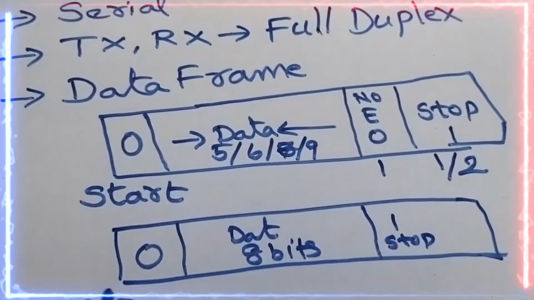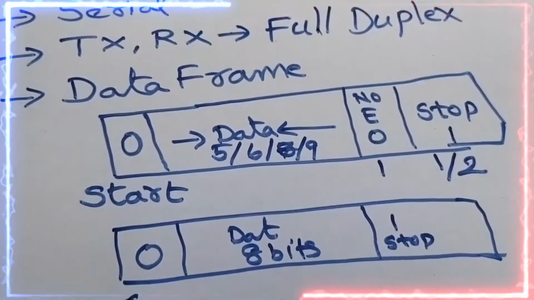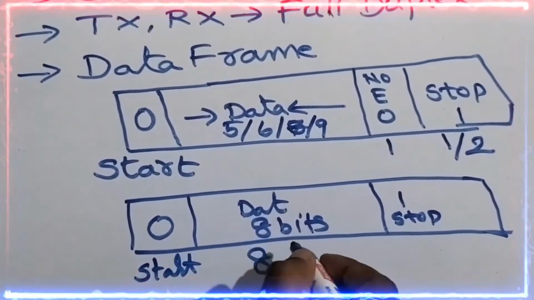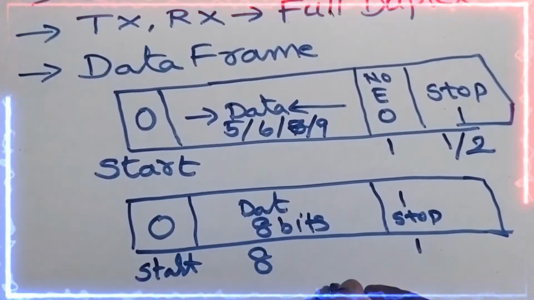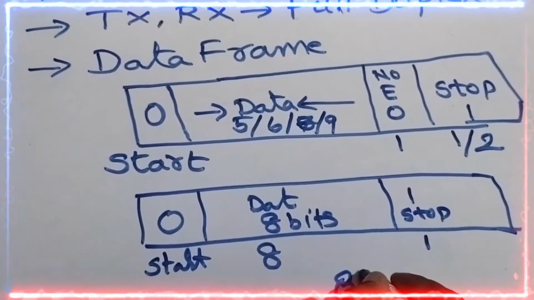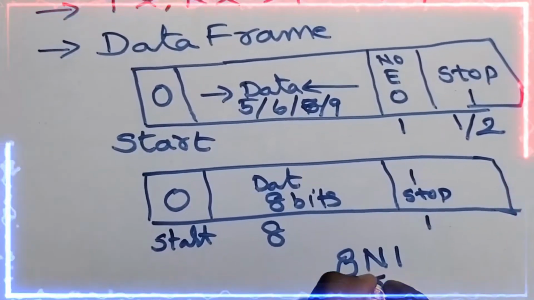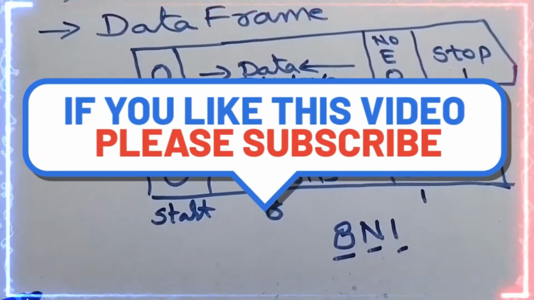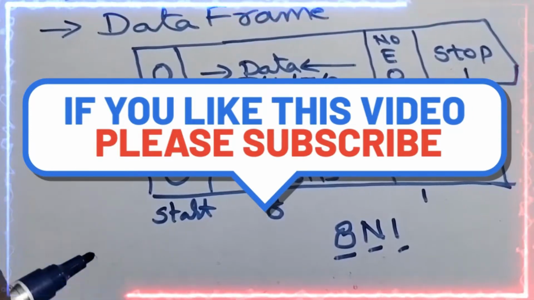So this is the typical data frame or data packet: one start bit, 8 data bits and one stop bit, which is typically called 8N1. 8 means 8 data bits, N no parity, 1 one stop bit, friends. This is how the data frame looks.